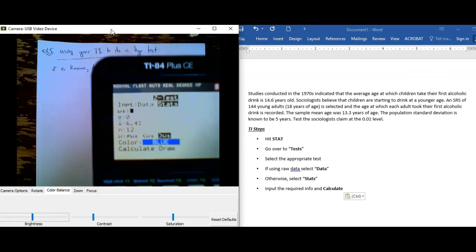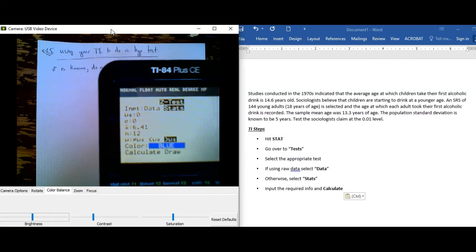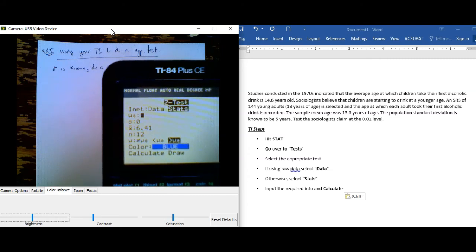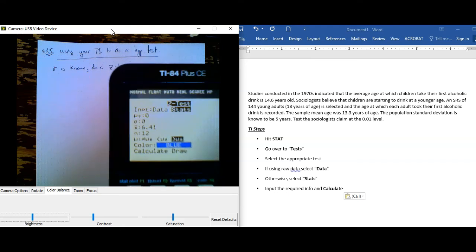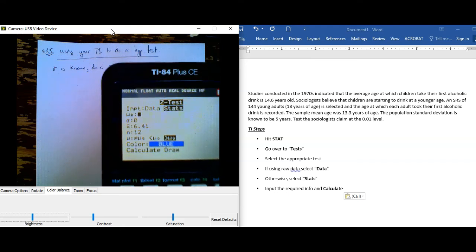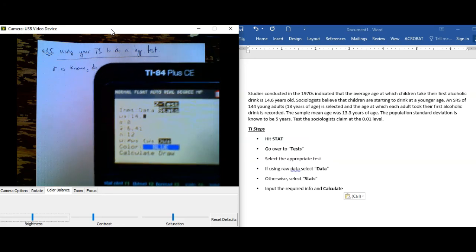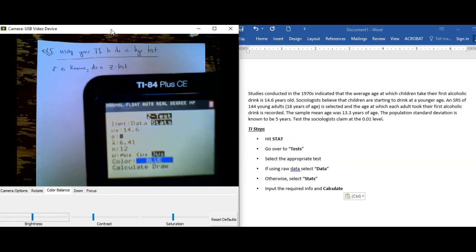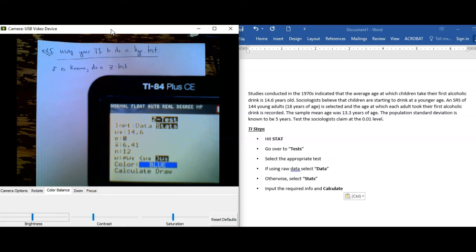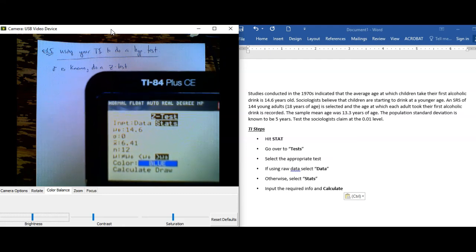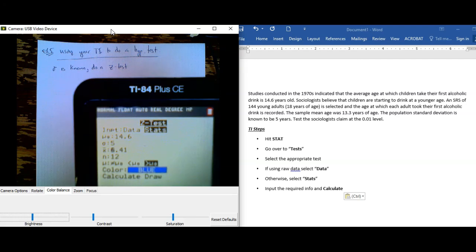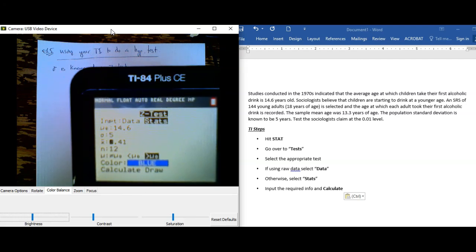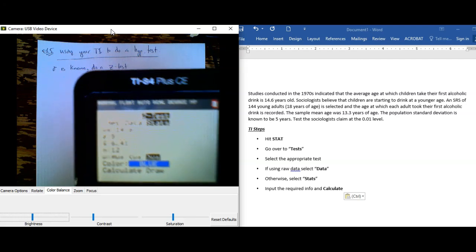All right, so what is mu naught? What is our null mean here, okay? The null mean would be the average from the 1970s, which was 14.6. What is sigma? That's the population standard deviation, which is 5. X bar is our sample mean, which was 13.3.